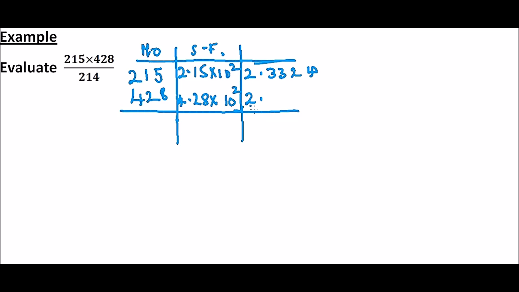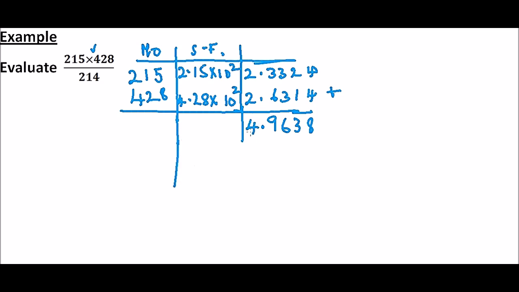The logarithm of 4.28, we get 6314. And because we are multiplying here, we add the logarithm. So 4 plus 4 is 8. 2 plus 1 is 3. 3 plus 3 is 6. 3 plus 6 is 9. Point. 2 plus 2 is 4.